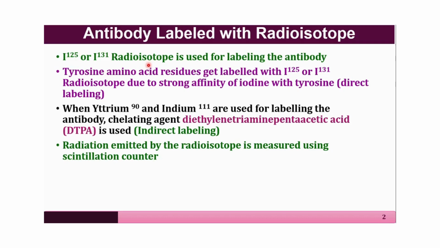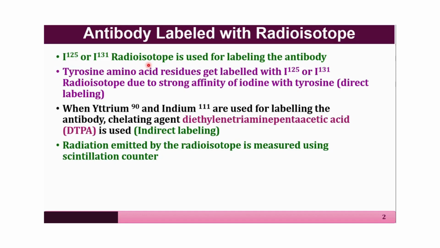Therefore, it is called direct labeling without involvement of any coupling agent. The antibodies or the antigens having tyrosine residues can be labeled with I-125 or I-131 with a simple chemical reaction.